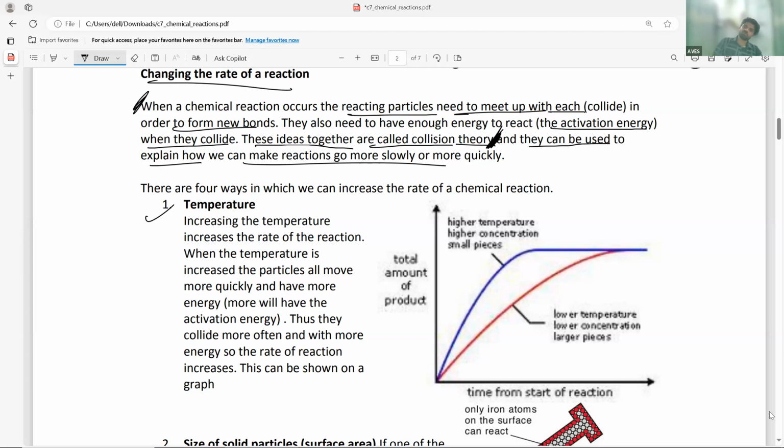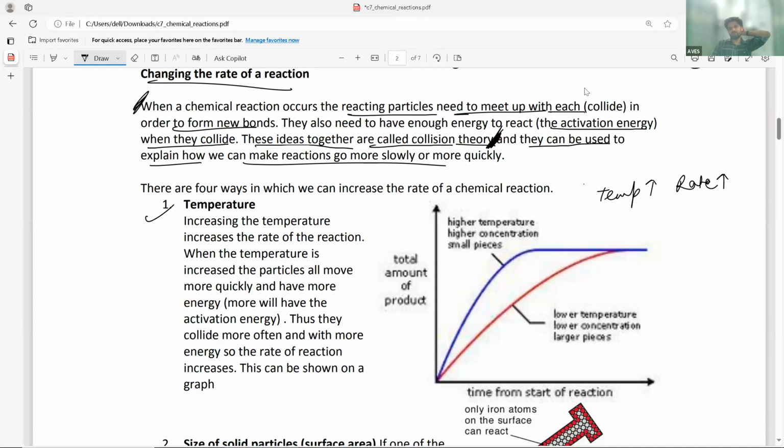Yes. So you have to note it down that on increasing the temperature, the rate of reaction increases. Note it like this way: on increasing temperature, rate of reaction increases.